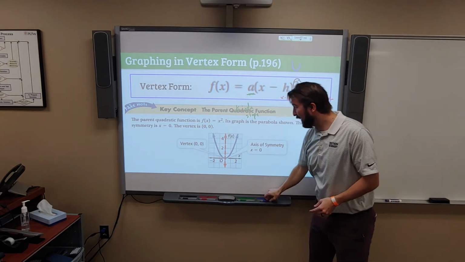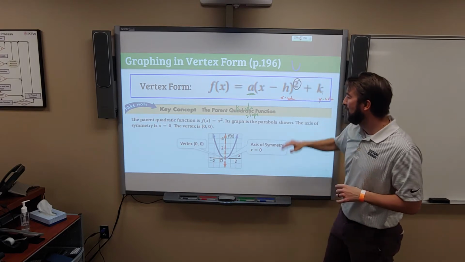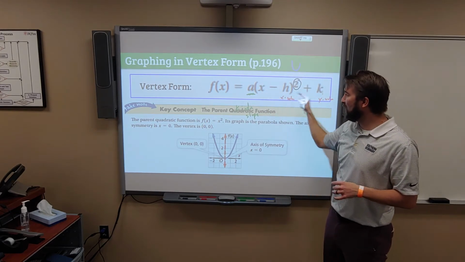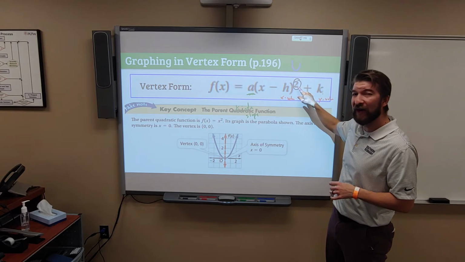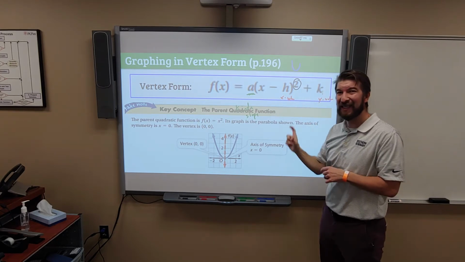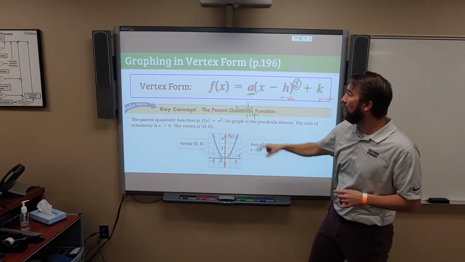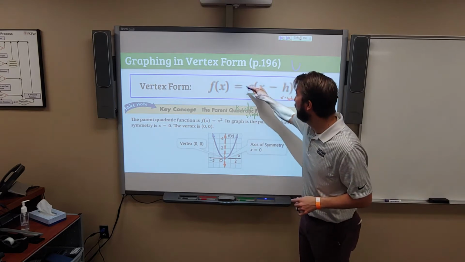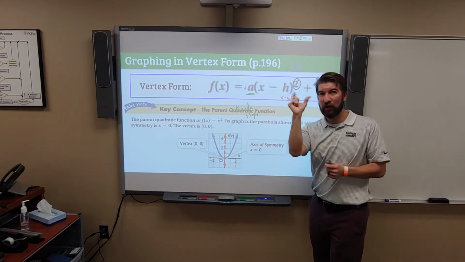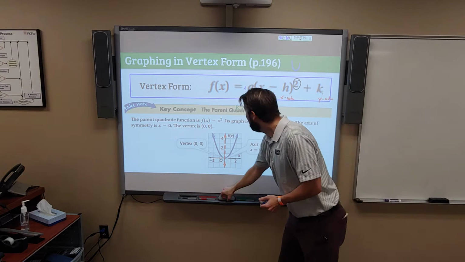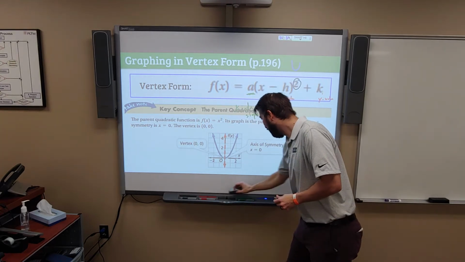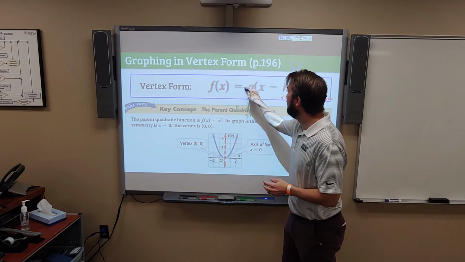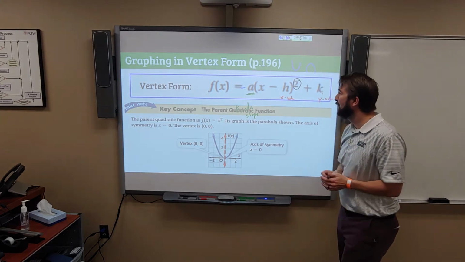When you get to this equation, you're going to identify it as a U, and then you have to decide if it is a U up or a U down. Well, if this number is positive, the U is up. If A is negative, then the U is going to be down.